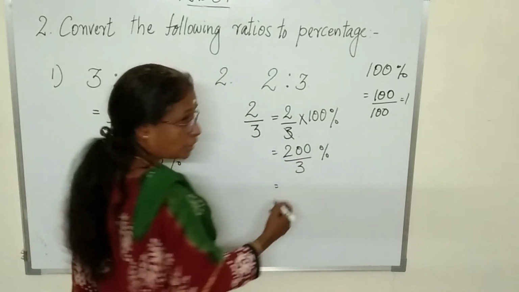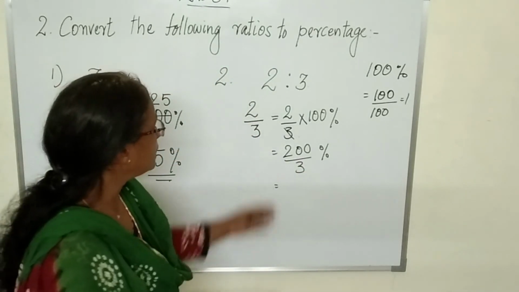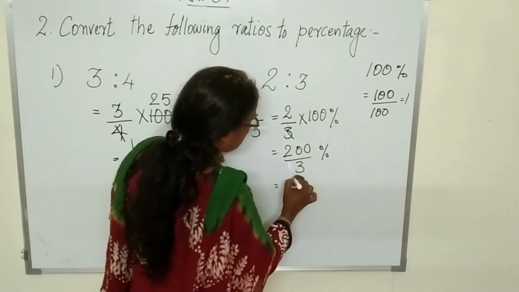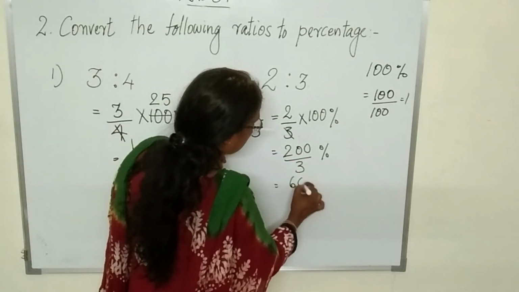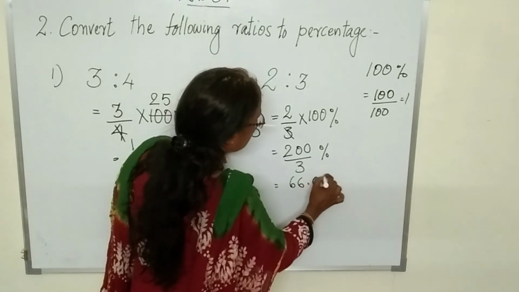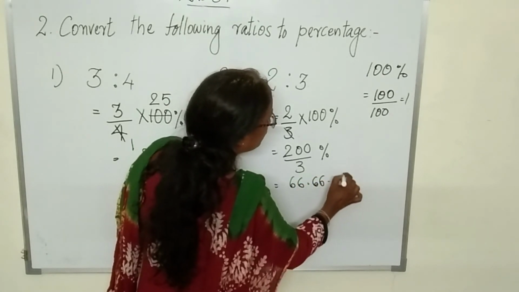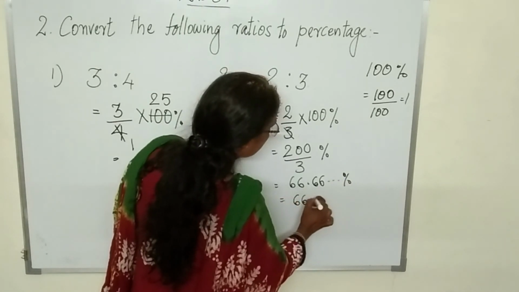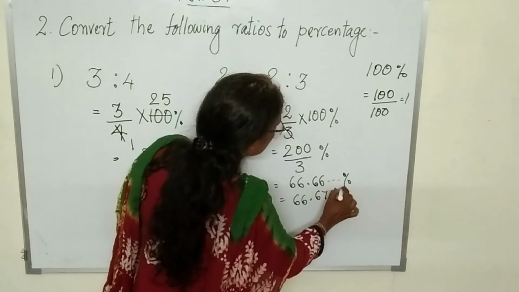If you want to convert it into decimal form, you can do. It will be equal to 66.66 and it will continue percentage, which is approximately 66.67%.